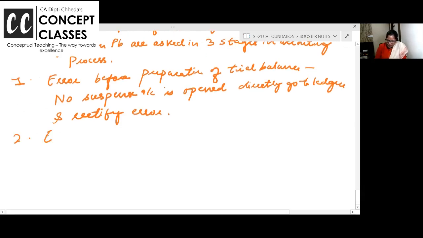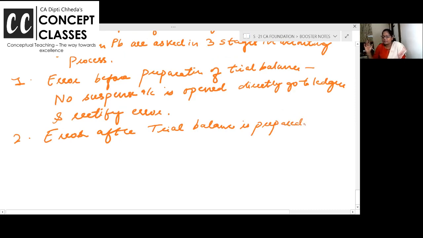Second, error after the trial balance is prepared. Error after the trial balance is prepared. Okay?